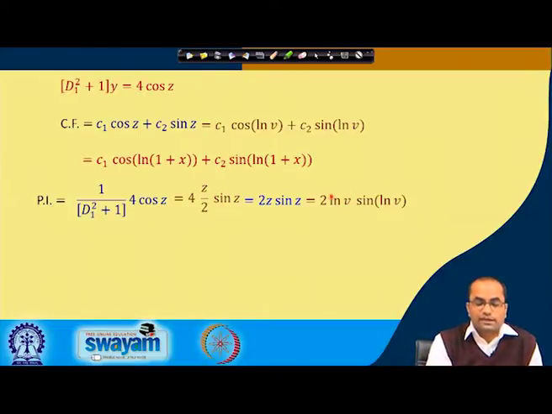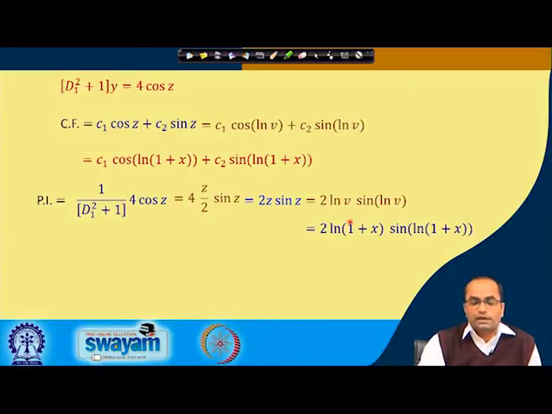So, 2 times ln v and sin ln v, and in terms of x, v was substituted for 1 plus x, so we have to replace v by 1 plus x. Finally, the particular integral is 2 times ln(1 plus x) and sin ln(1 plus x).